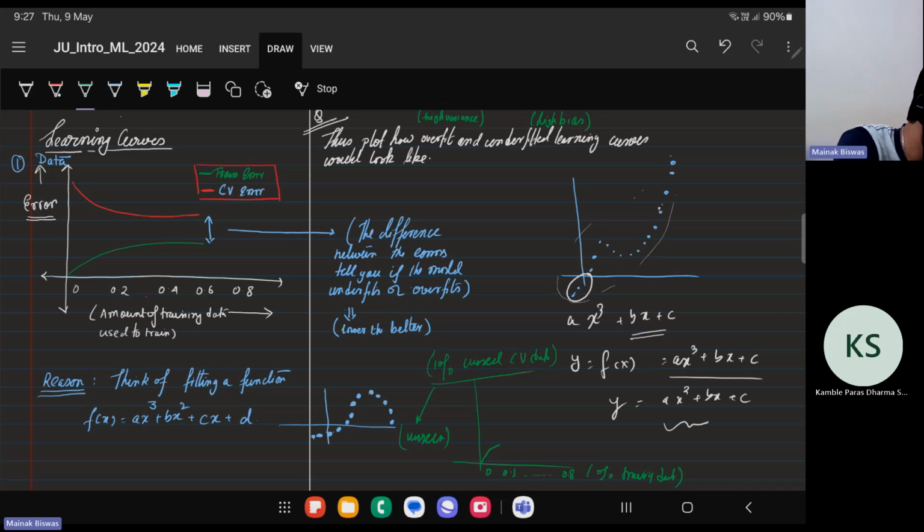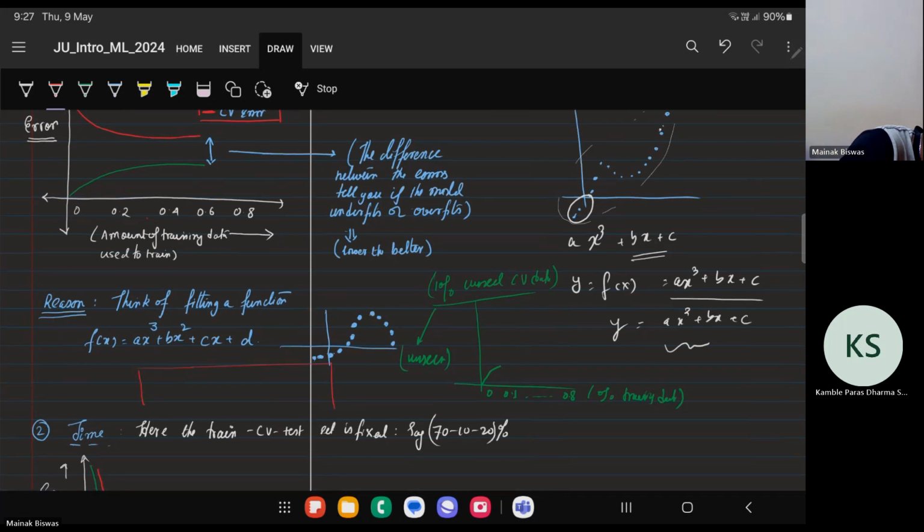We have seen this in the first class where we discussed K-fold cross validation, where you divide your data set into 3 parts: your train set, typically around 70%, 10% around cross validation, where you tune hyperparameters, and 20% is test.